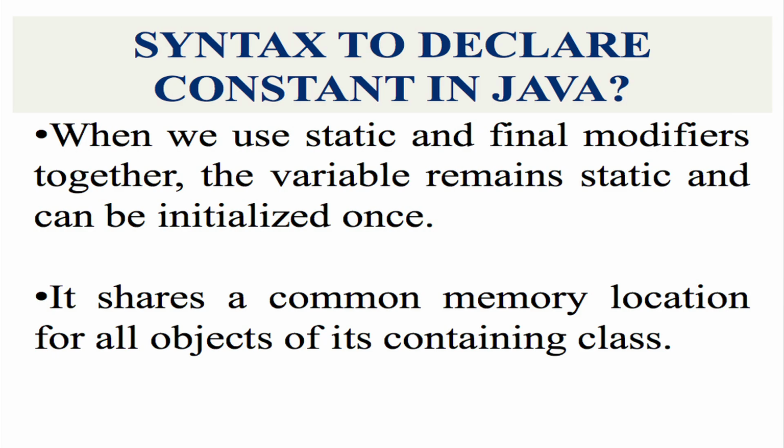If we change it in one class, the change will reflect in another class also. It shares a common memory location for all objects of its containing class, so the common variable is created and shared by all objects of its containing class.